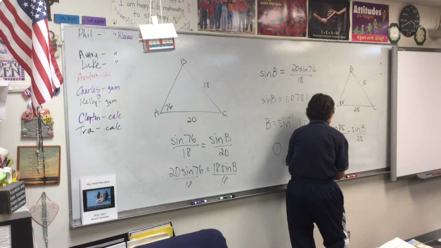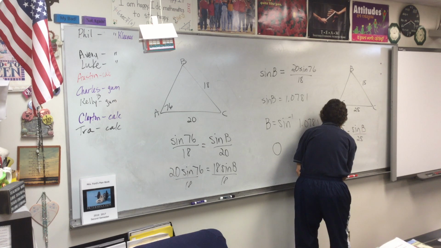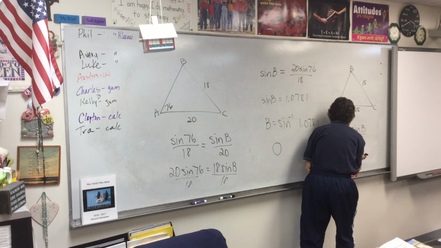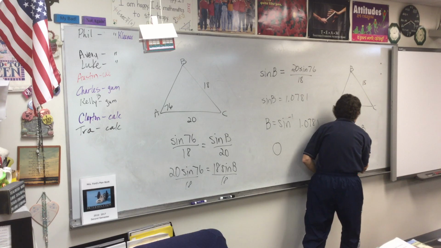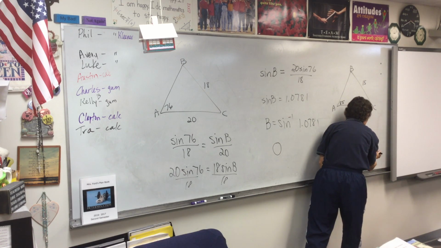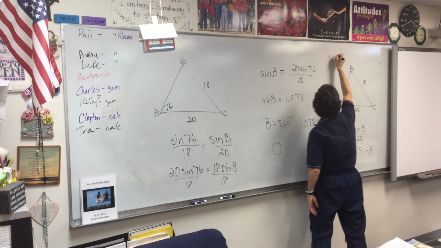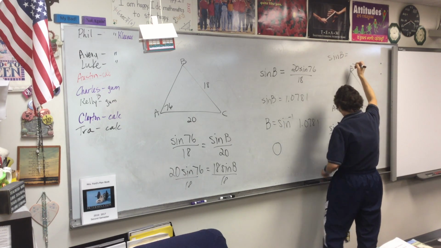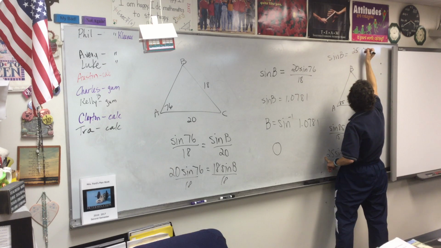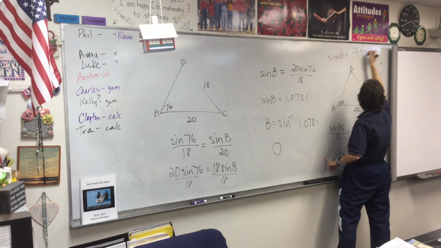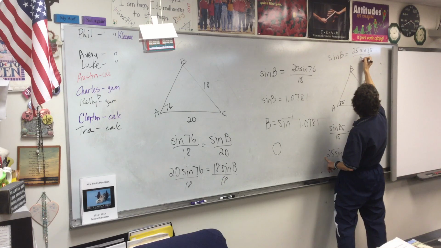Now we're going to cross multiply. 25 sine 85 equals 15 sine B. So sine B will end up equaling 25 sine 85 over 15.